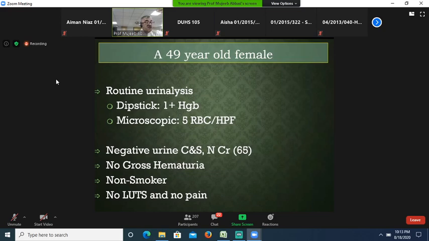Routine dipstick analysis, as we do in our casualty or OPDs, shows +1 hemoglobin, microscopic 5 RBCs per high power field. Urine culture negative, normal creatinine, no gross hematuria, non-smoker, no lower tract symptoms, and no pain.